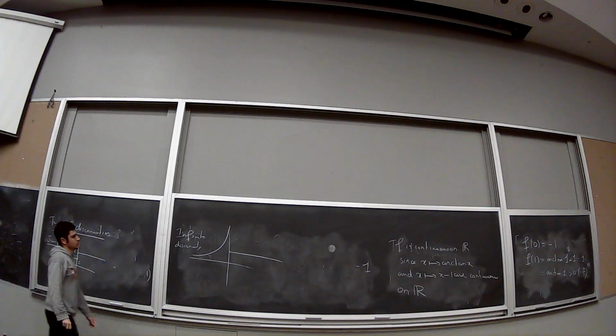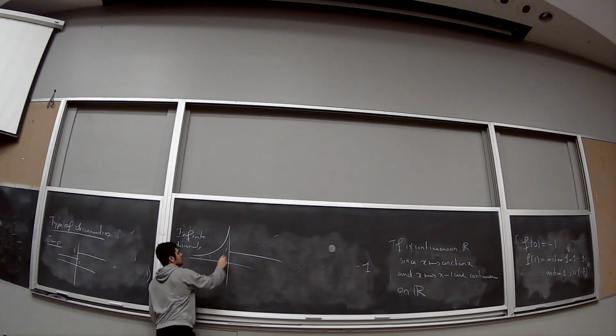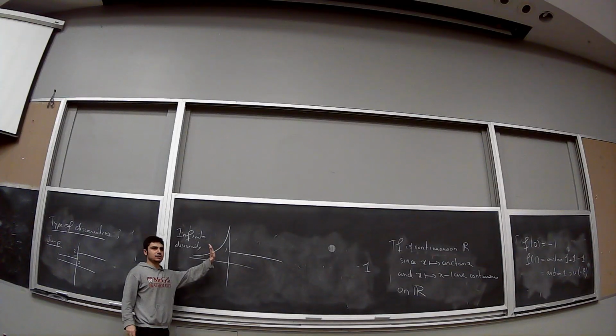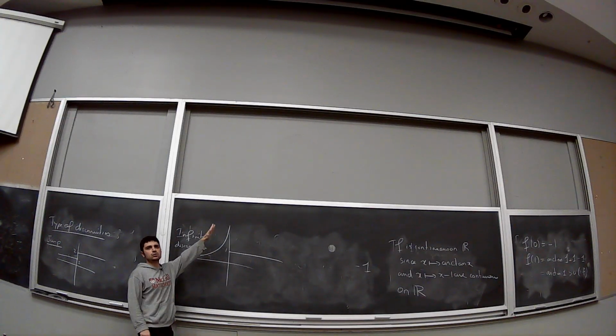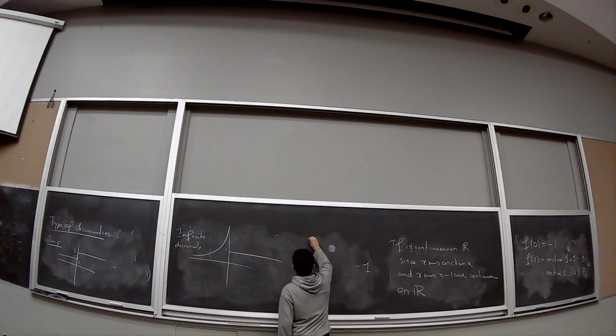You see why it's an infinite discontinuity? So f of 0, let's say, is 1, but on the left, as x is approaching 0 minus, f of x goes to infinity. So you have an infinite discontinuity, and then you have something called the removable discontinuity.